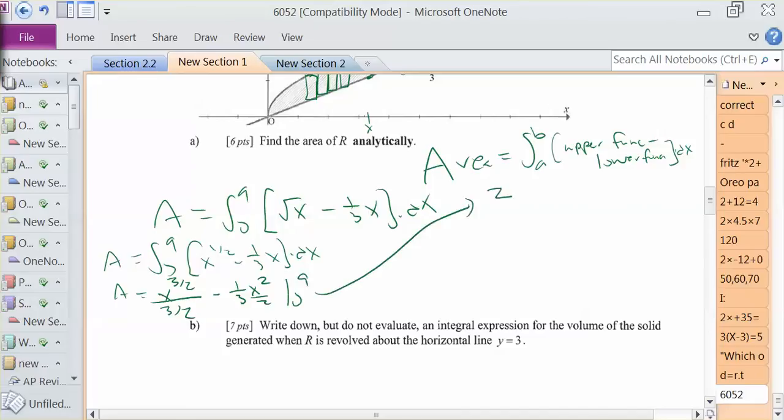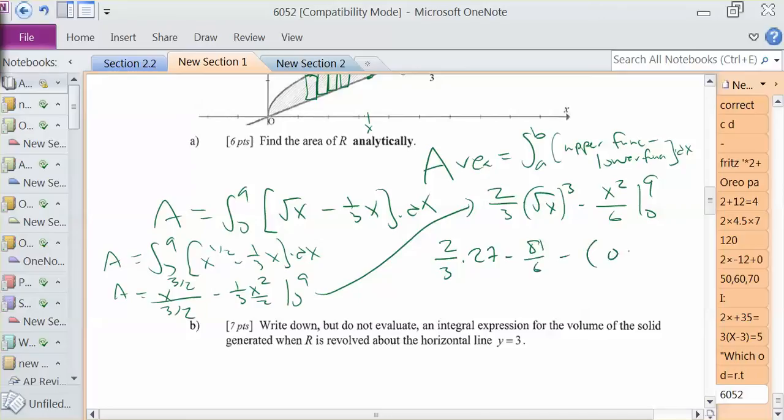So clean up a little bit. That's 2/3 times square root of x cubed minus x squared over 6, again from 0 to 9. If you plug it in carefully, square root of 9 is 3, and 3 cubed is 27, so you have 2/3 times 27 minus 81 over 6.